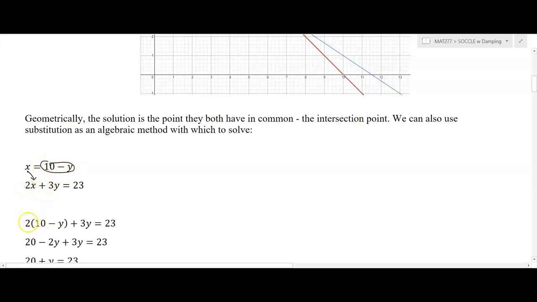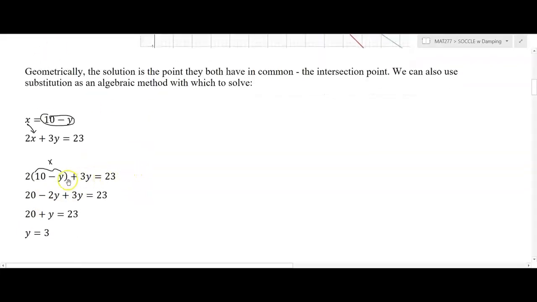So 2 times 10 minus y, and now you can see we've obtained an equation that only depends on y. We do some distribution: 20 minus 2y plus 3y equals 23, which gives us 20 plus y equals 23, or y equals 3.